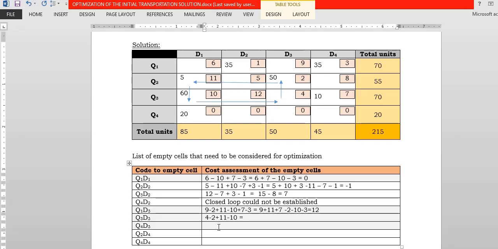Putting like terms together, it is 4 plus 11 minus 2 minus 10. So 4 plus 11 is 15. 2 and 10 is negative 12. 15 minus 12 is 3. Then we remove these ones as usual, remove that one.